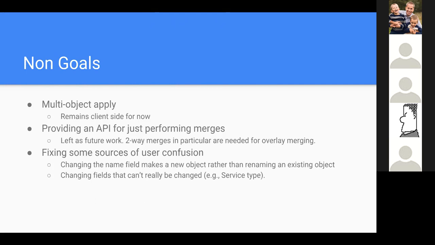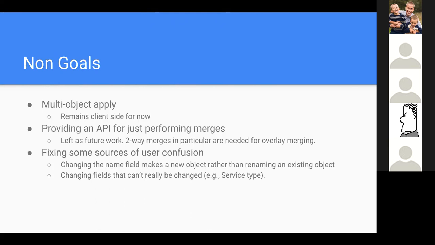Some sources of user confusion are not fixable by moving things to the control plane. It's unfortunate, but our data model is that the name and namespace inside a manifest identify the thing that you want to change. So if the user changes those and expects the object in the cluster to get renamed, they will be surprised.